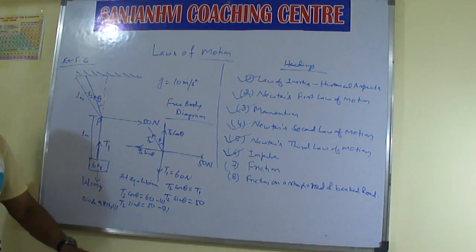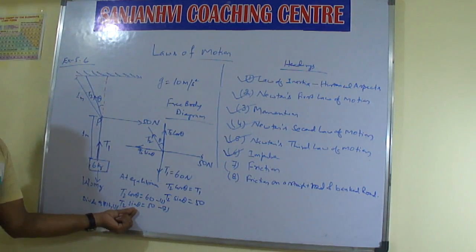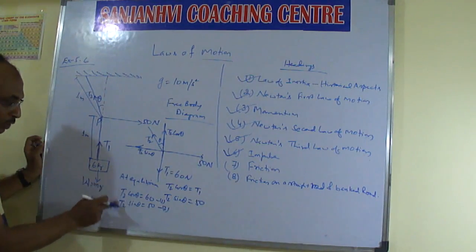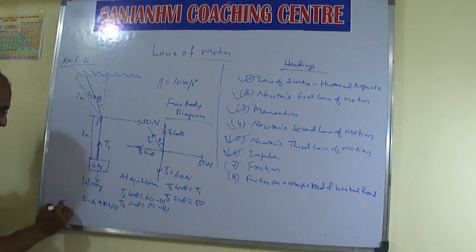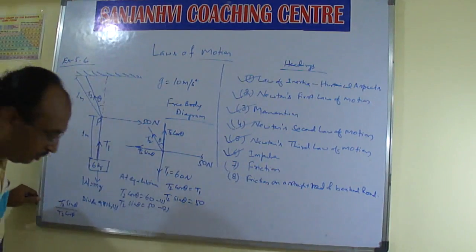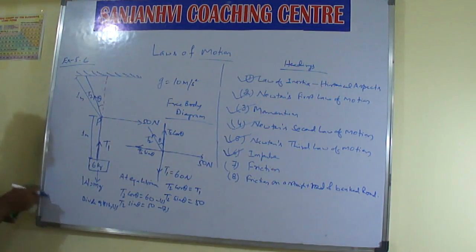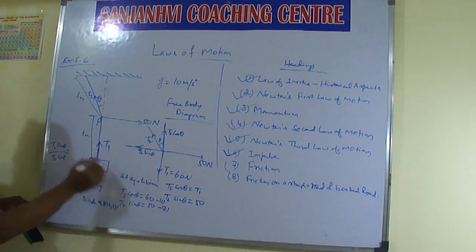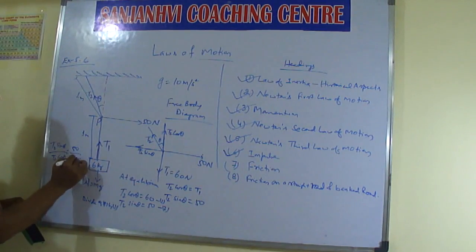You can divide 1 by 2 also, you will get cot theta, no issue. So we want to find tan theta. T2 will get cancelled. It means T2 sin theta by T2 cos theta is equal to 50 by 60.